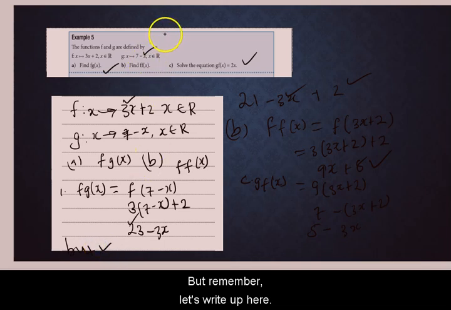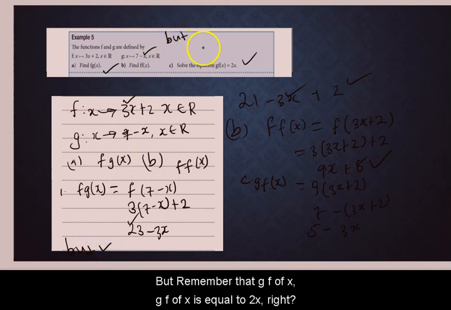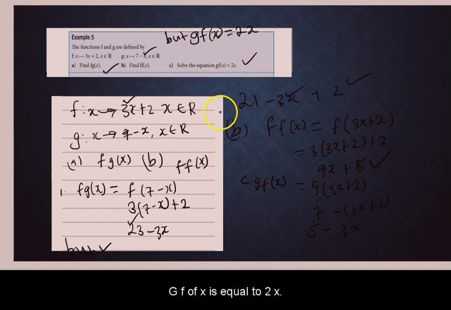But remember that g f of x is equal to 2x. Is that correct? G f of x is equal to 2x.